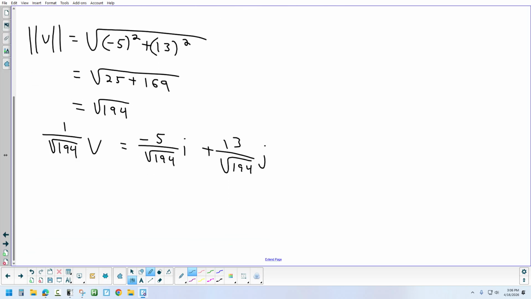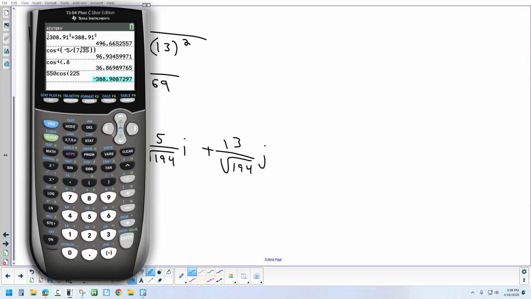Now, I'm going to see if I can clean up the square root of 194 a little bit. So if we check, let's see, 194 divided by 4. That doesn't go into it. I'm just checking if there's any perfect squares. 9 wouldn't.